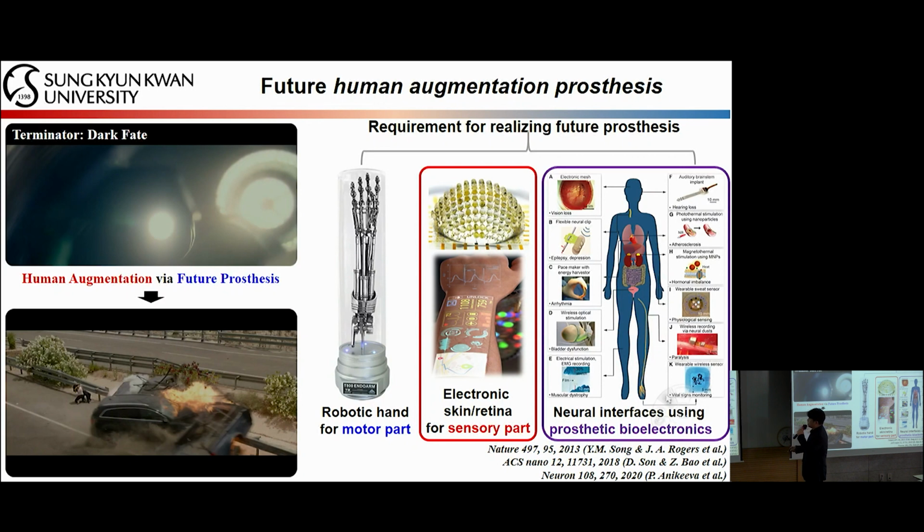Anyway, to realize a future process, we need some requirements. Absolutely, we need a robot hand for the motor part, and we need electronic skin and retina for the sensory part. The other thing is the neural interface using bioelectronics for bridging the gap between our organs and implanted surgical tools.